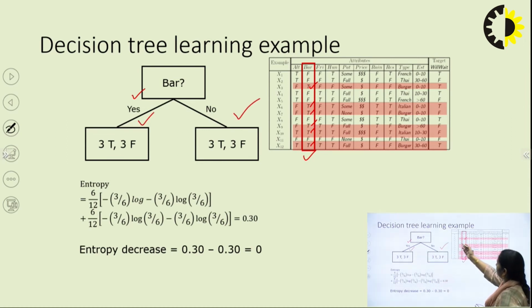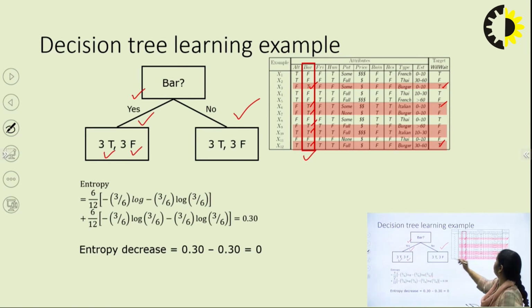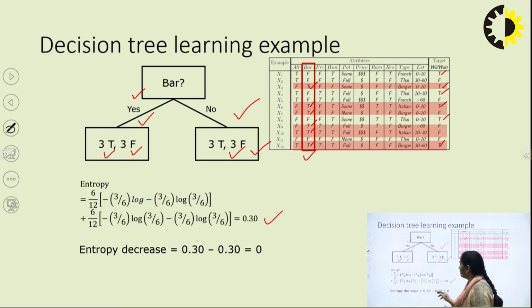In these 6 true, 1, 2, 3, again 3 are true and 3 are false. In the same way for false values, 1, 2, 3: 3 are true and 3 are false. So it will be the same as alternate, with entropy value 0.30. So the entropy decrease is again 0 for this one also.